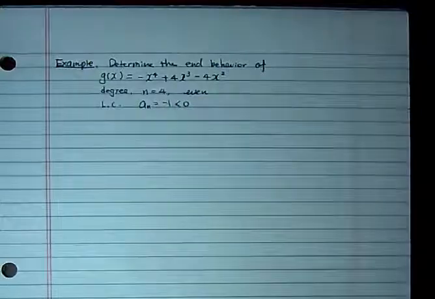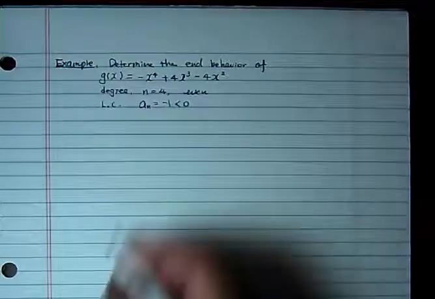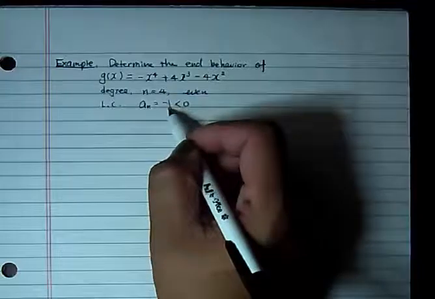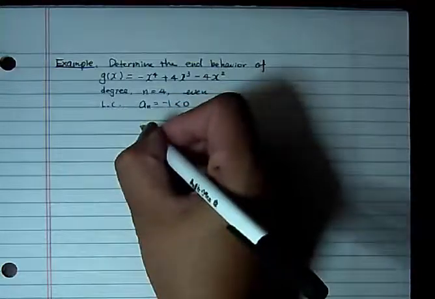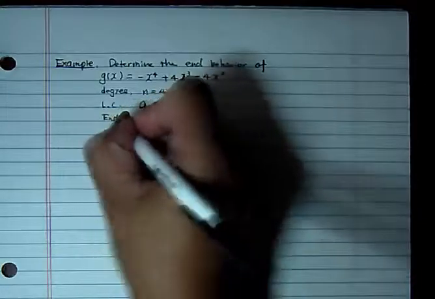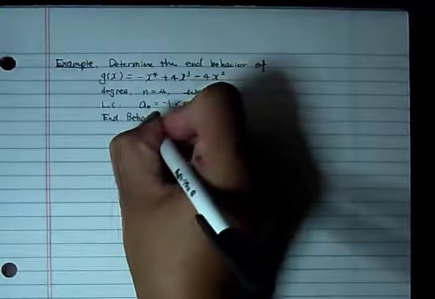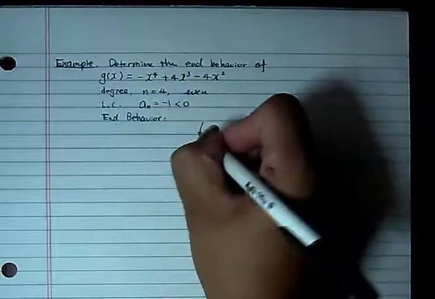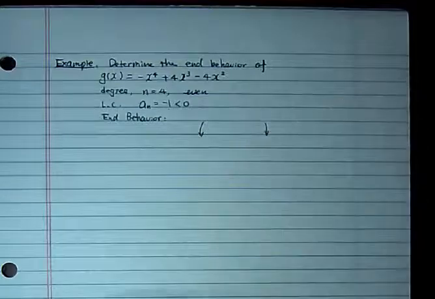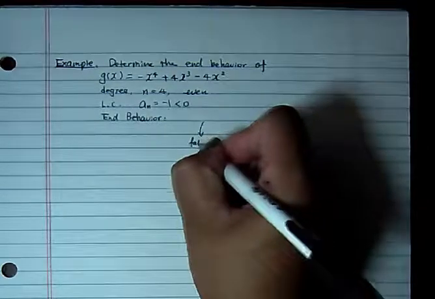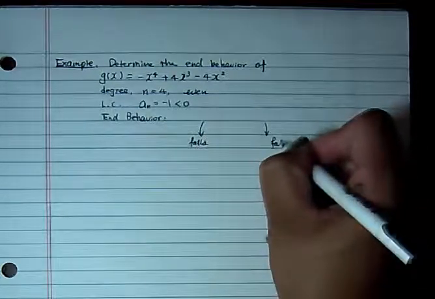So by the leading coefficient test, even and negative leading coefficient, therefore the end behavior is both sides fall. So you have falling on this side and on the right side as well.